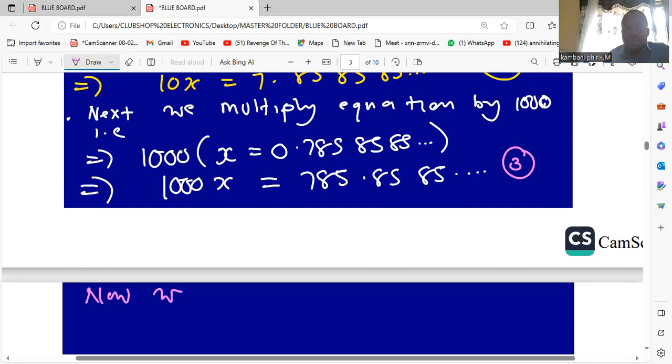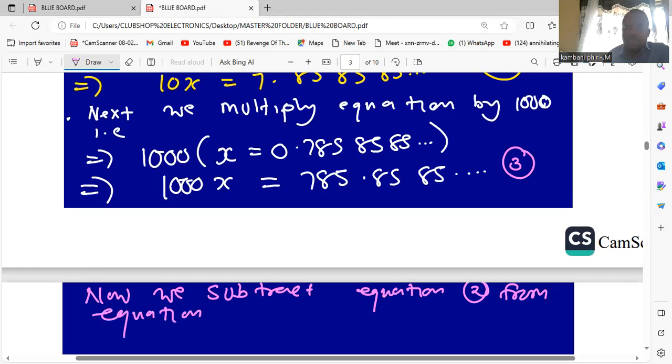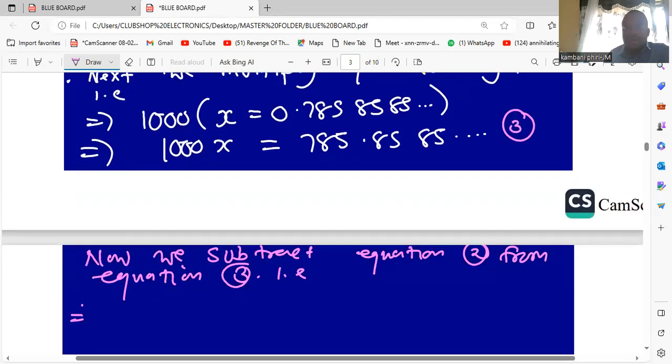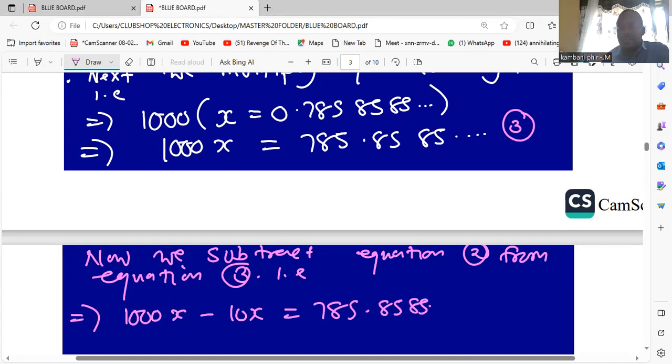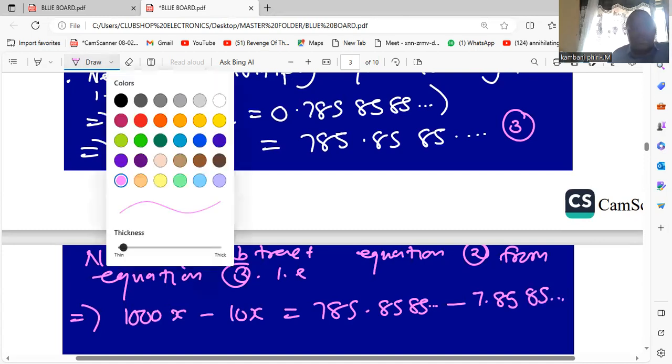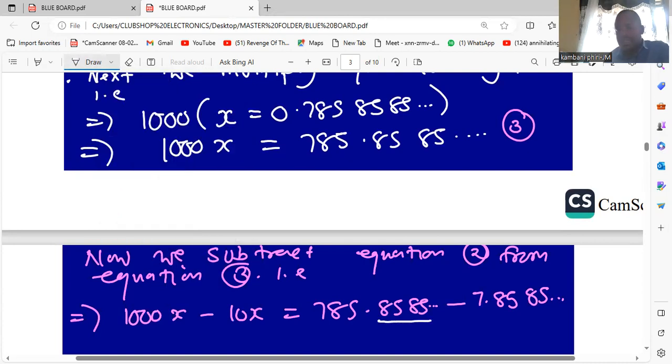That is 1,000x minus 10x is equal to 785.85... minus 7.8585... So you can see that our aim is to try and get these to be the same.